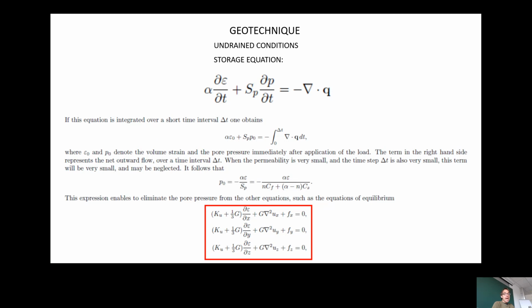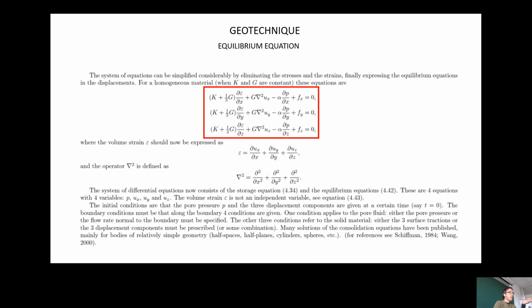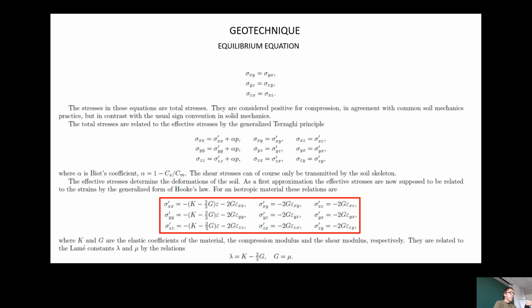It follows that P0 is equal to minus alpha epsilon ratio SP, because we can, of course, consider only these 2 parts. And at this point, we can also write alpha epsilon ratio n Cf plus (alpha minus n) Cs, that is SP as we introduced before.